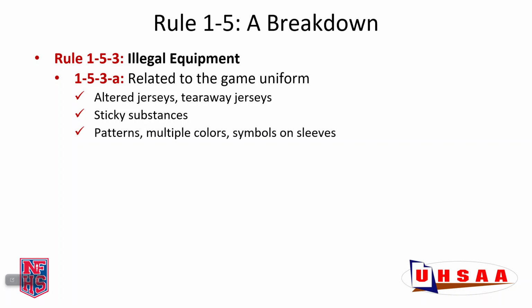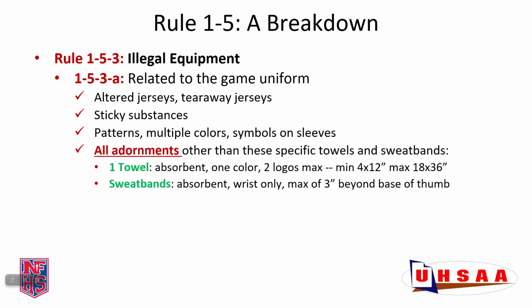Those that have knots tied in them or had the bottoms cut away, or tearaway jerseys, any sticky substances on the players' uniforms, and patterns, multiple colors, or symbols on the sleeves being worn on either the arms or the legs are considered illegal equipment. Also, this is the important one: all adornments other than the two that I've listed here in green are considered illegal equipment of all type.